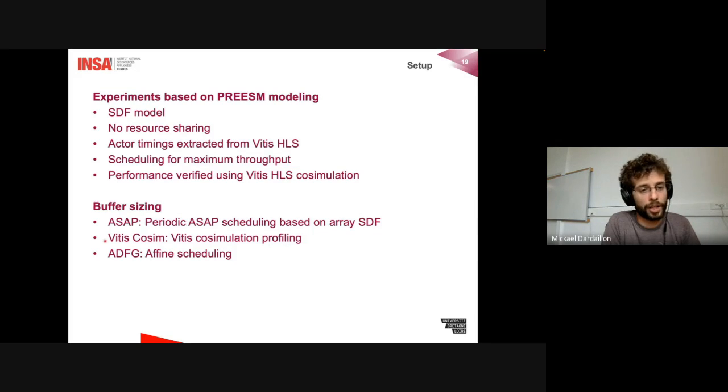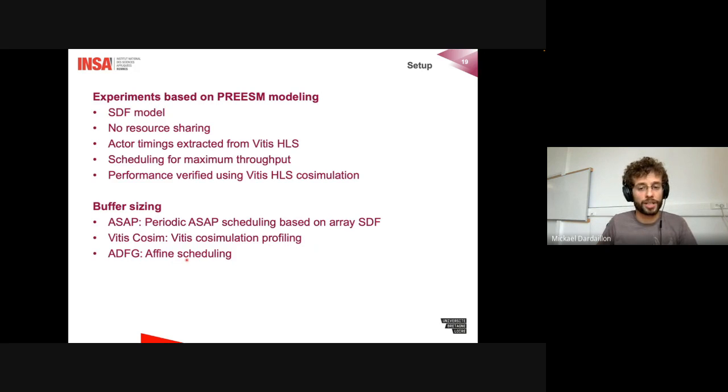And we're going to compare that with Vitis co-simulation. Vitis is able during co-simulation to do profiling and propose some buffer sizes. So this is a comparison to the state of the art in terms of hardware, in terms of industrial tools. And we have ADFG, the Affine Dataflow scheduling that I presented just before.